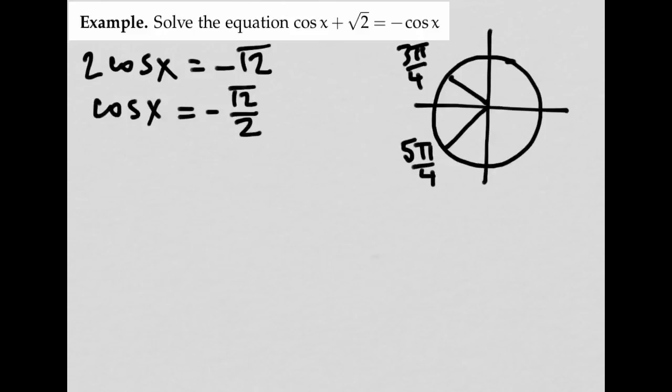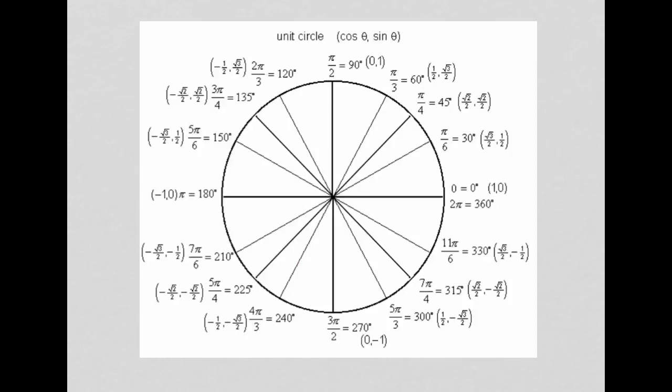The cosine of these 2 angles equals minus root 2 over 2. And this comes from this picture right here. So you can see that at 3 pi over 4, the cosine is minus root 2 over 2, and at 5 pi over 4, the cosine is minus root 2 over 2 as well.